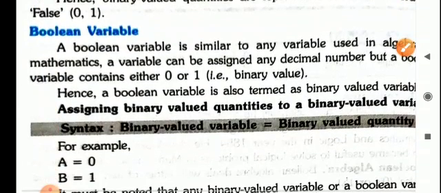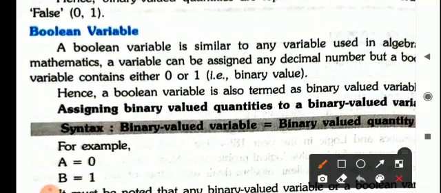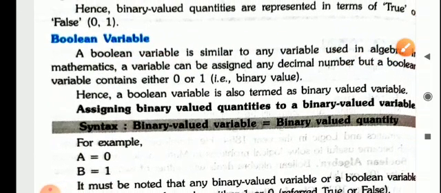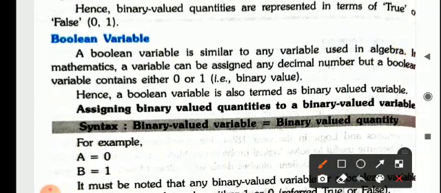Now let's take what a Boolean variable is. Just now I showed you the truth table, A, B, whatever inputs you are taking, you represent in variables. So that is called a Boolean variable. It is similar to any variable used in algebra. A variable can be assigned any decimal number, but a Boolean variable contains either 0 or 1 only. Hence a Boolean variable is also termed a binary valued variable.